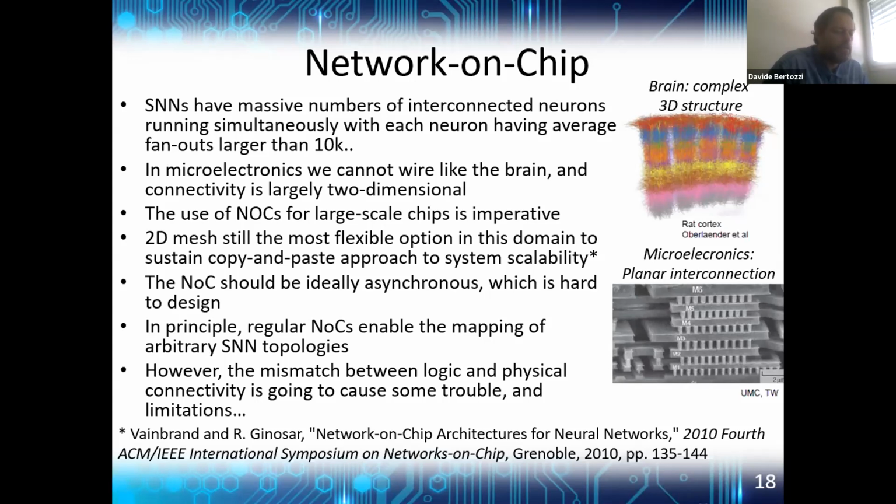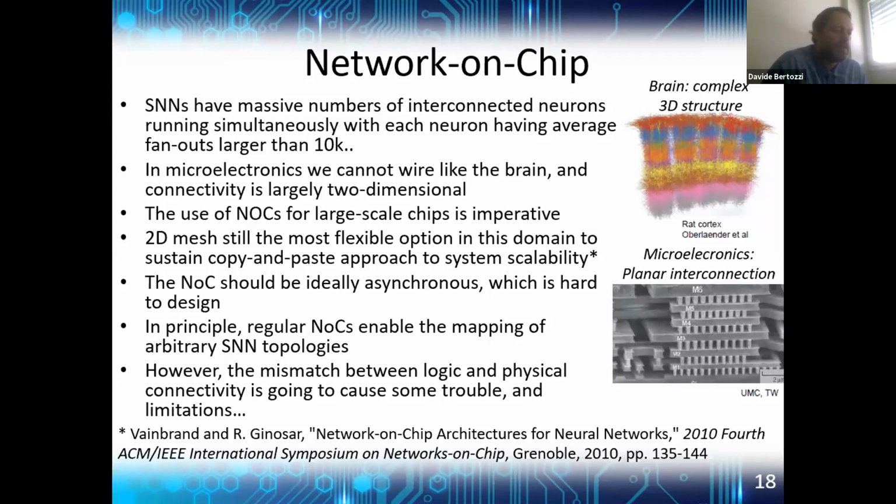NoCs are still the best way to connect lots of architectural units in 2 dimensions. In 2010, a theoretical analysis from Technion demonstrated that the 2D mesh is still the preferred topology for configurable emulation of spiky neural networks over fat trees, point-to-point architectures, and shared buses.